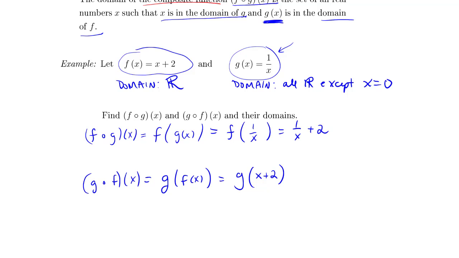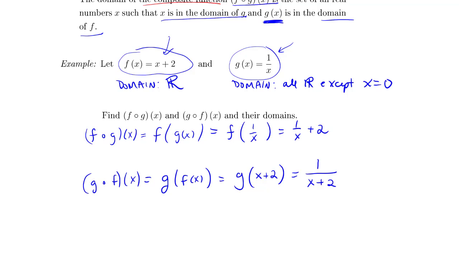When you put an x into f, you get out x plus 2, so that's what's going to go into g. Now, what does g do? G takes whatever goes in and does 1 over it. So g of x plus 2 is actually 1 over the whole x plus 2. Now notice, they're not the same. So the compositions in different orders are not necessarily the same.